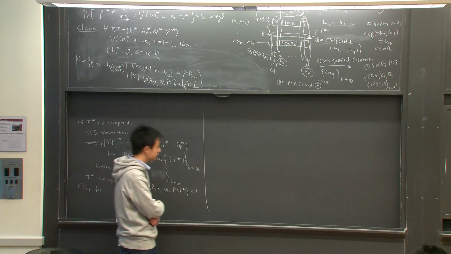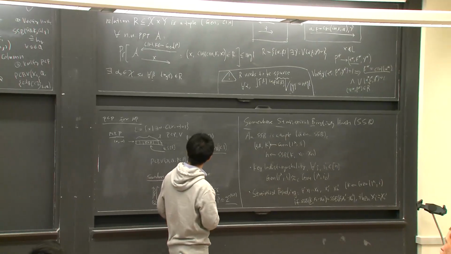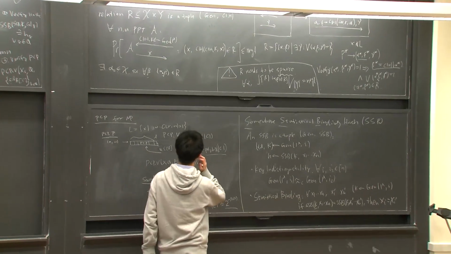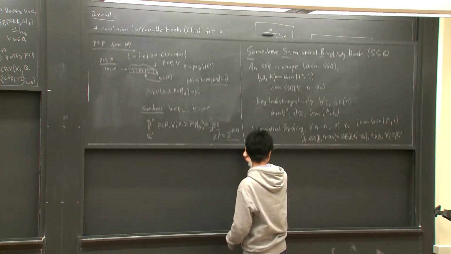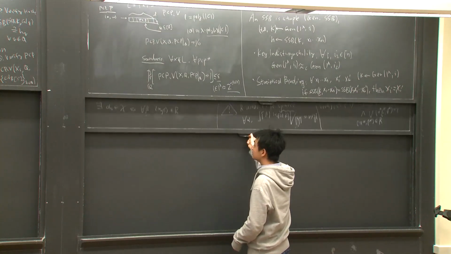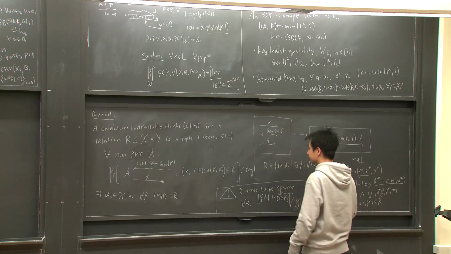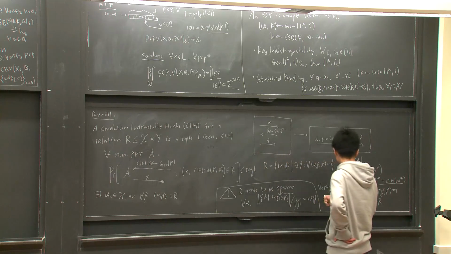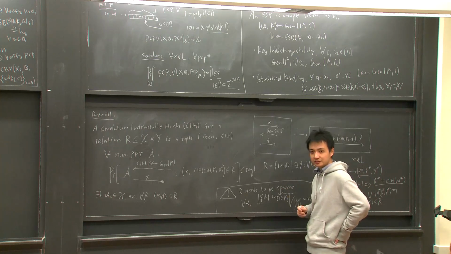Last week, the CA hash you saw is for searchable relation. That means the relation here needs to satisfy the searchable property.